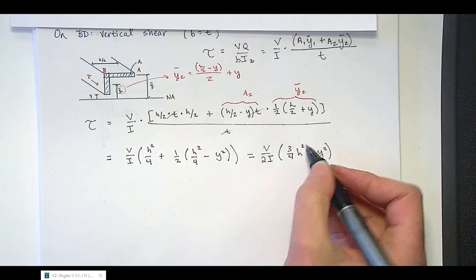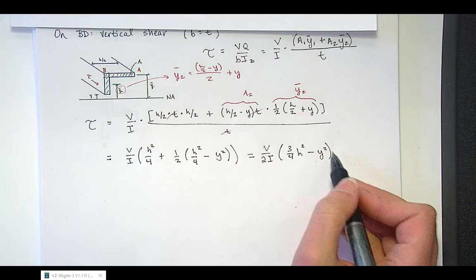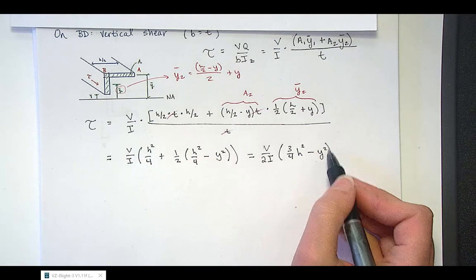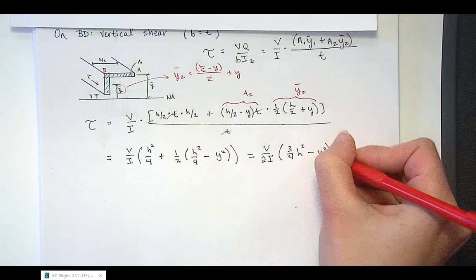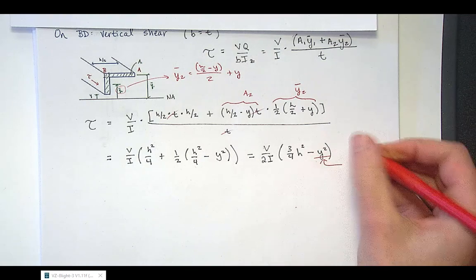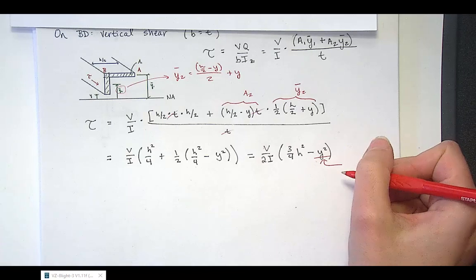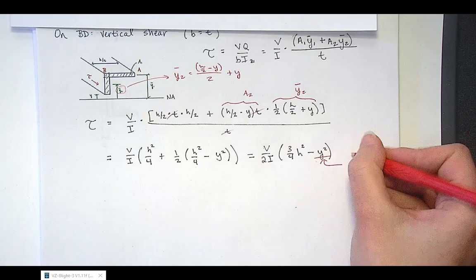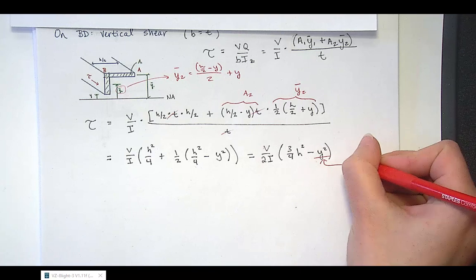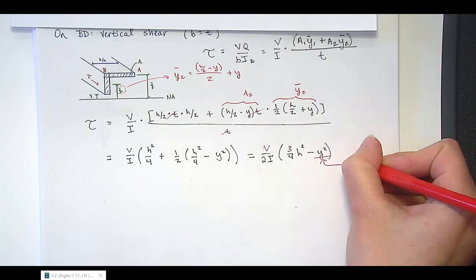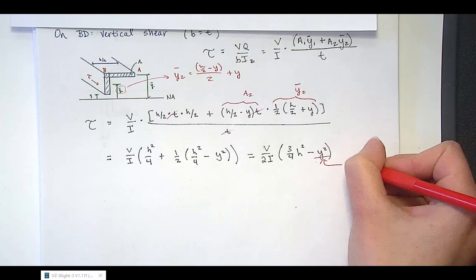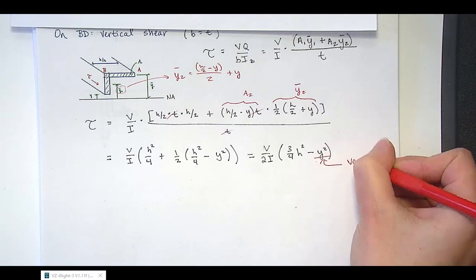So we can see that our shear stress is a function of y squared. Again, y is a variable. So we can see that our shear stress is not linear over the vertical sections, unlike the horizontal elements.